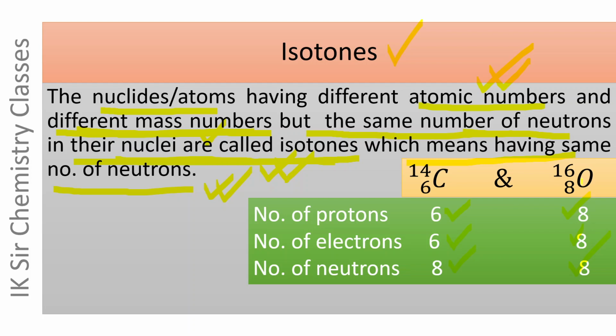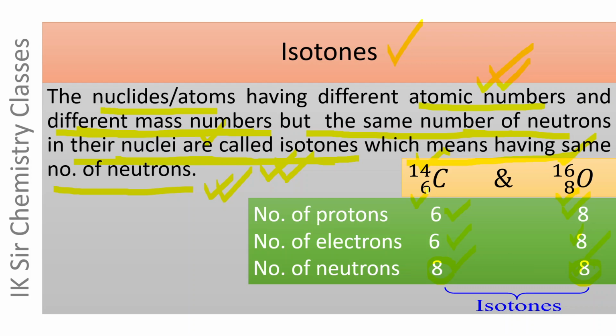These two nuclides have different atomic numbers 6 and 8 and different mass numbers 14 and 16, but the same number of neutrons. Both have 8 neutrons in the nucleus, and hence these are isotones.